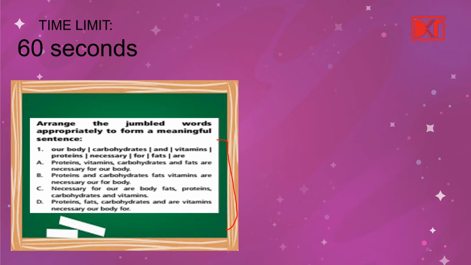This sentence is trying to say that all these things, carbohydrates, vitamins, proteins, fats, are necessary for our body. So accordingly we'll be using all of them together, like in here. A, proteins, vitamins, carbohydrates and fats. This is the subject, and then are necessary for our body.